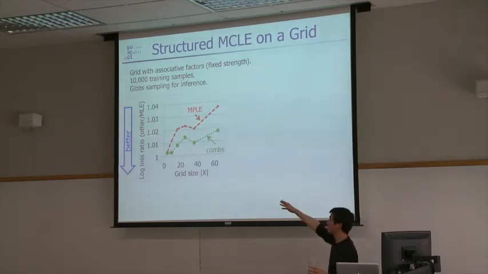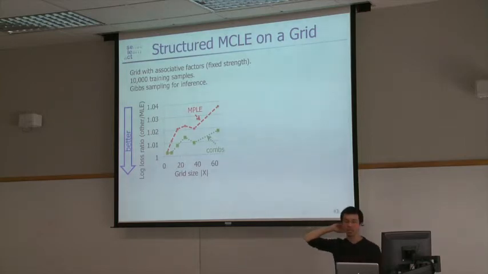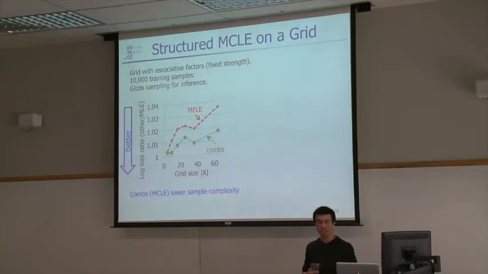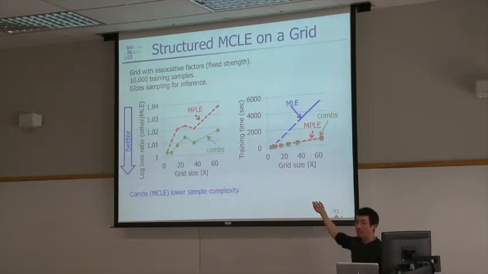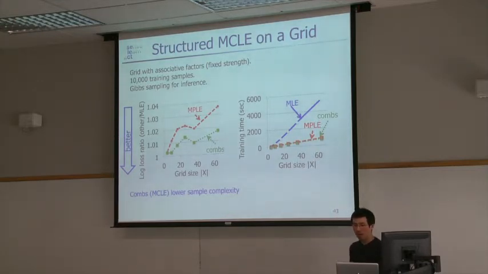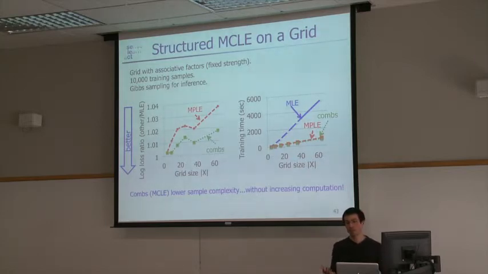You can see that both of these approximations are getting worse as the grid size increases, but by using these structured components, you do significantly better in terms of log loss. So the structured components essentially do lower the sample complexity. And the useful thing is that they have essentially the same computational complexity as the pseudo-likelihood approximation. Both of those are, of course, much less costly than max likelihood. So you get lower sample complexity without really increasing the computation much.